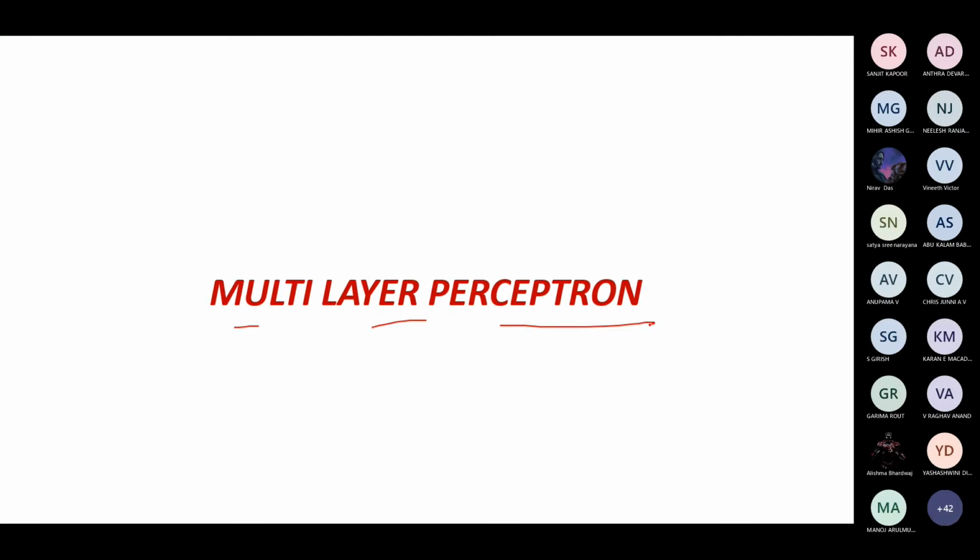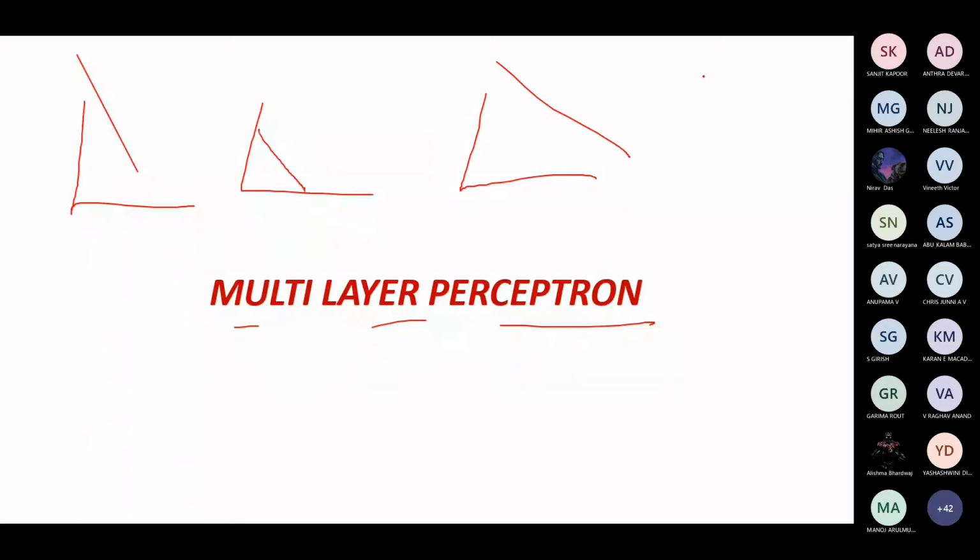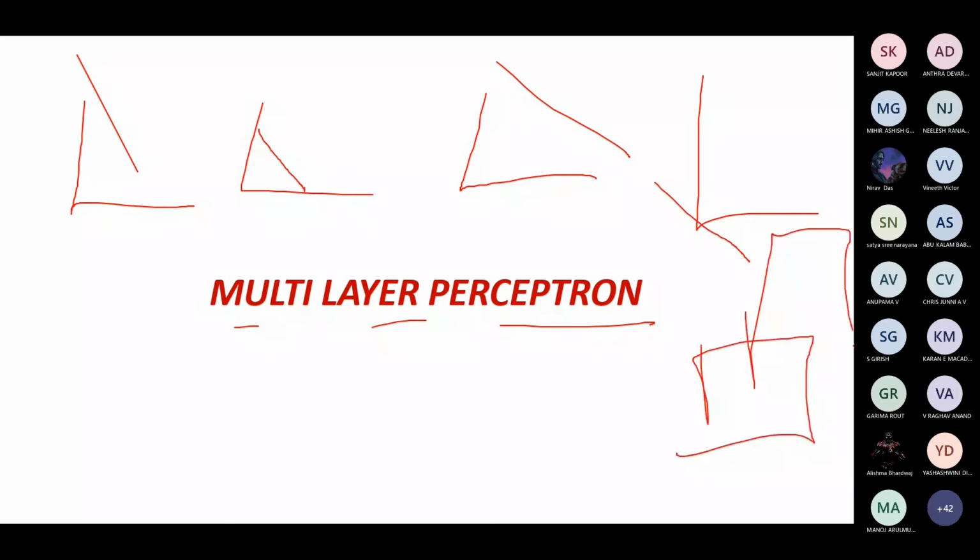Okay, but what was the problem in that? The OR gate was linearly separable, the AND gate was linearly separable, tautology was linearly separable. Then when we had a 3-dimension input space, that was also linearly separable.